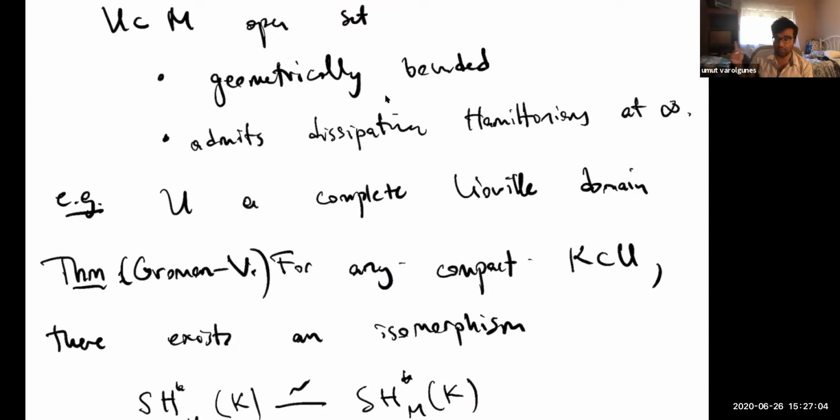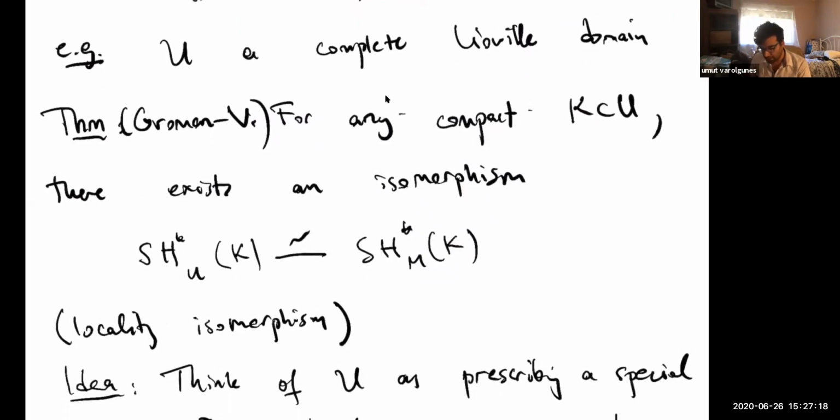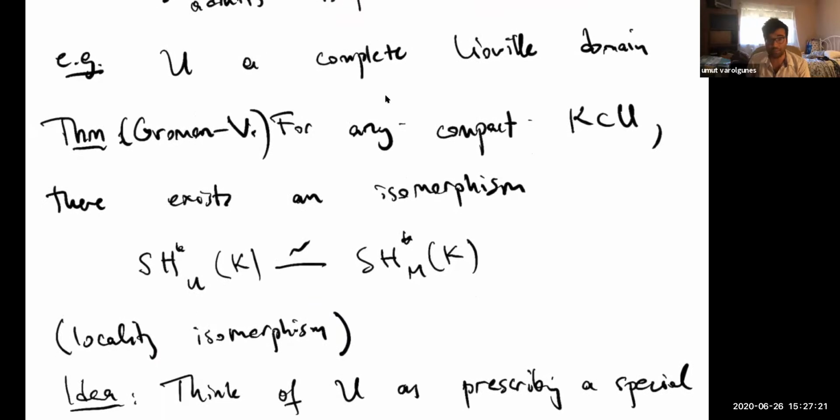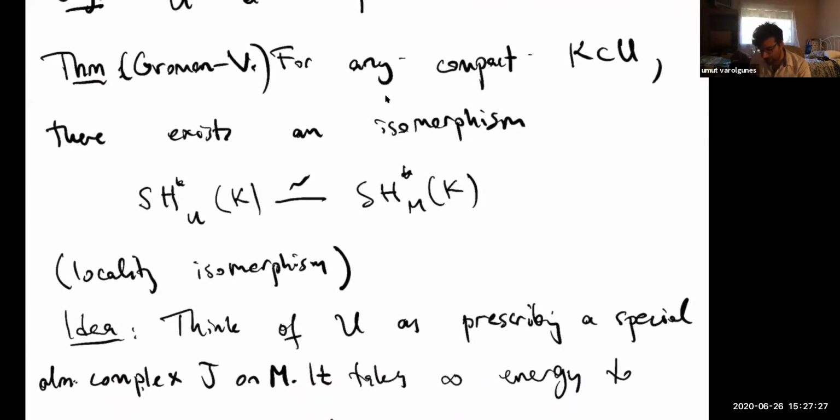It's something to avoid holomorphic Floer solutions really looking like gradient flow lines somehow. That's part of it, and there's more to it than that. But let's say U is just a complete Liouville domain, and it symplectically embeds into this geometrically bounded manifold. Then for any compact subset that's contained in the open subset, there exists a locality isomorphism.